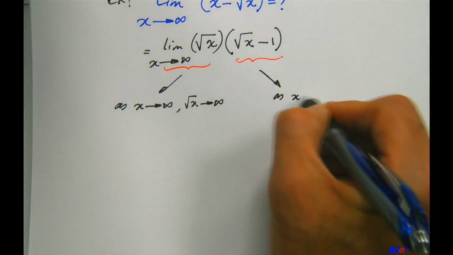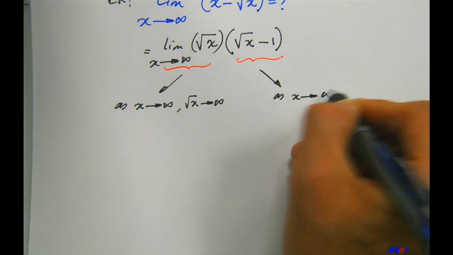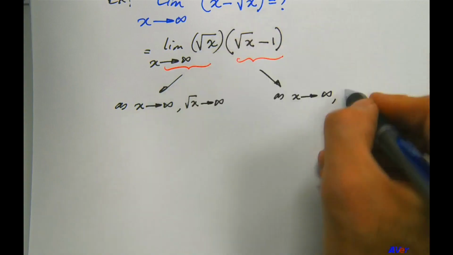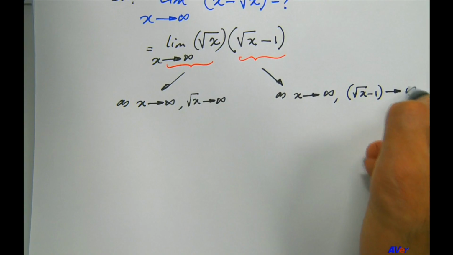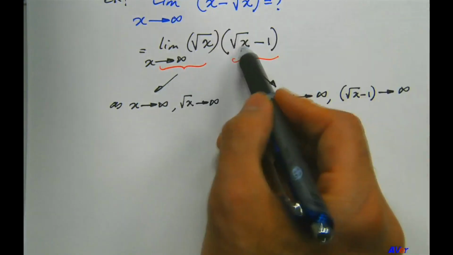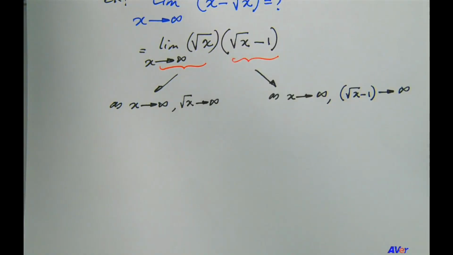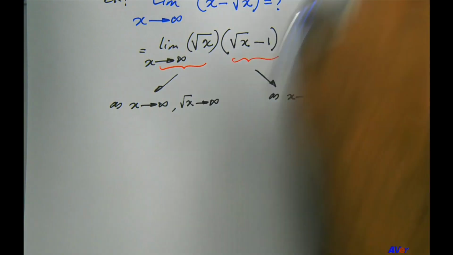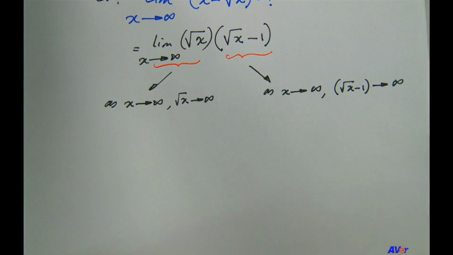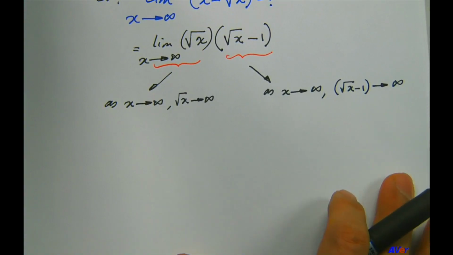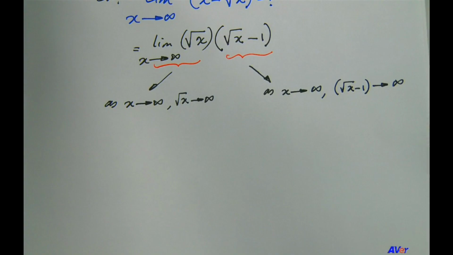As x approaches infinity, this whole thing, the square root of x minus 1, approaches infinity, right? You have infinity, take the square root of it and subtract 1 from it. What do you get? Infinity, right? Because infinity is not a number. It's just an enormously, infinitely large value, so large that we cannot put a bound or limit on it. So you take the square root of that, subtract 1 from it, you're still going to get infinity.